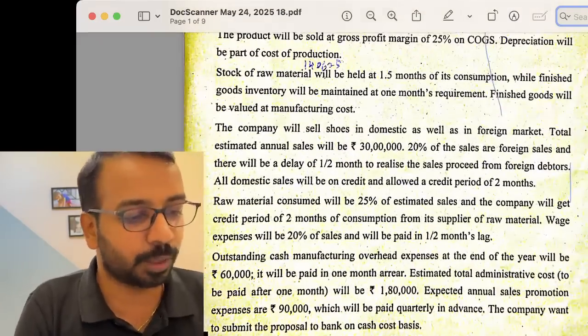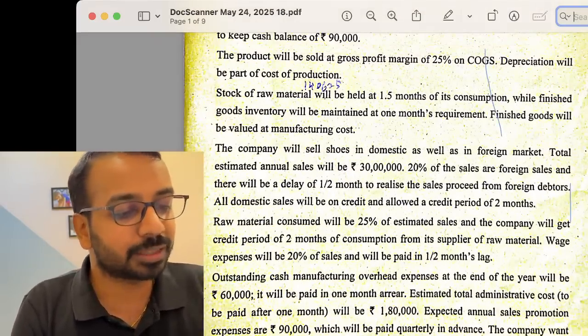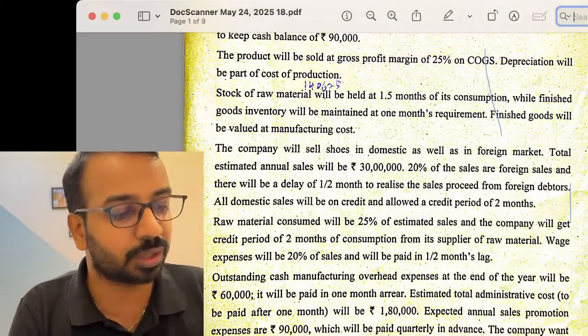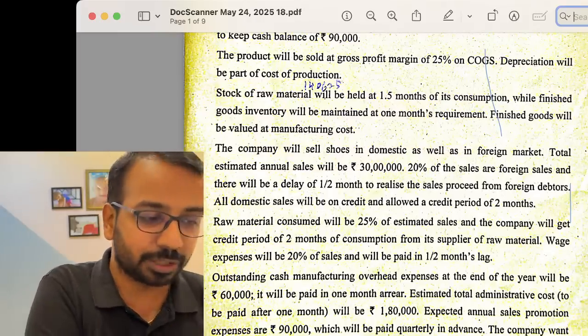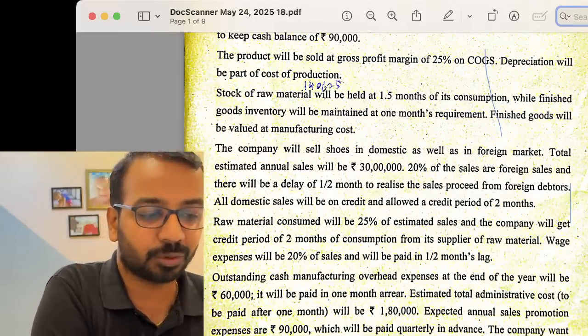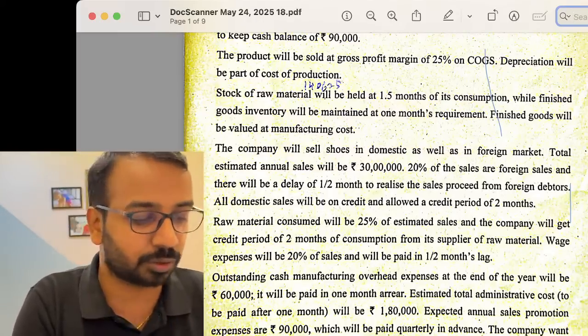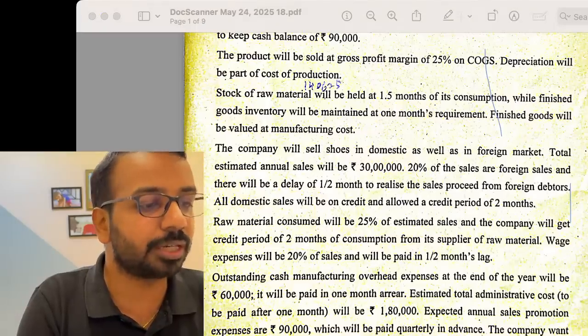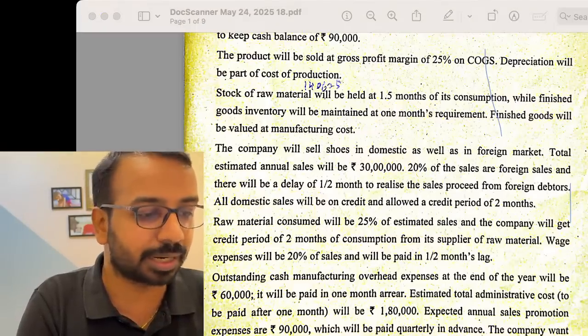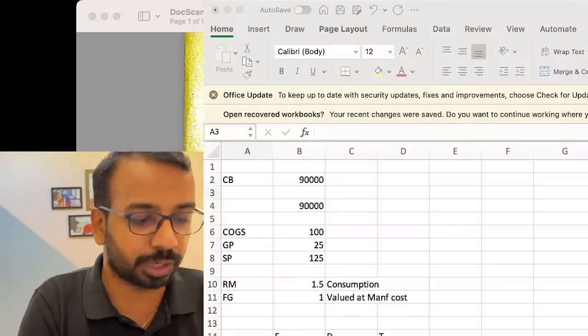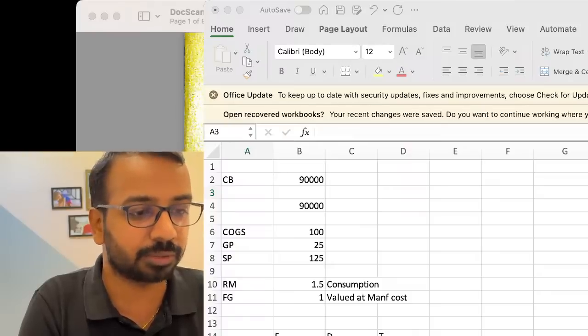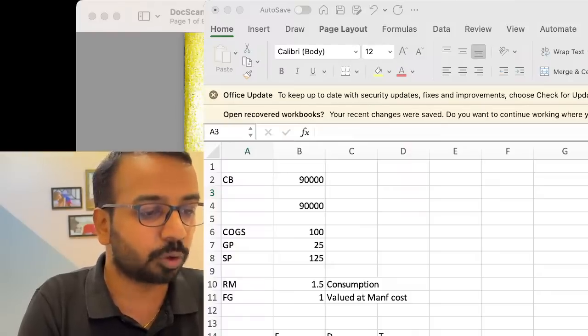Coming to the first one, what will be the total manufacturing cost and the total cost of sales on cash cost basis? Here we have assumed that they want total manufacturing cost as well as total cost of sales on cash cost basis. I'll show you a quick working here; we'll upload this fully subsequently.